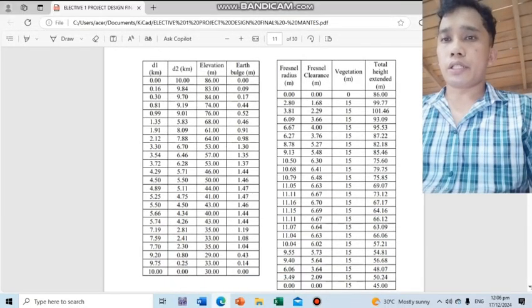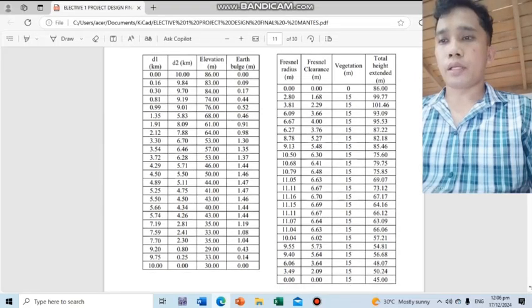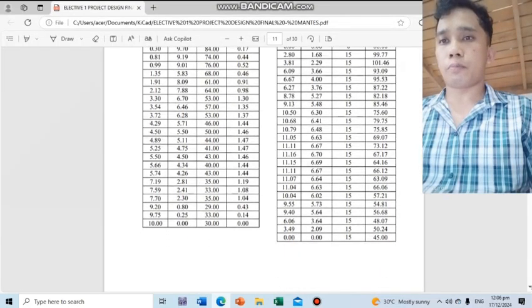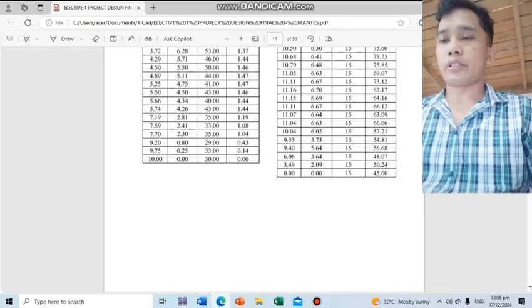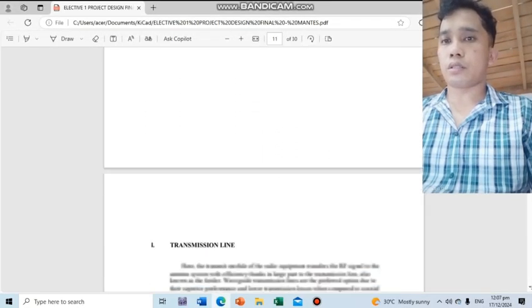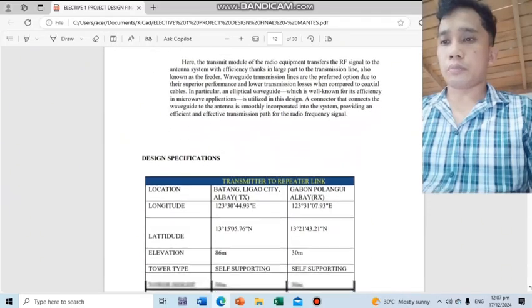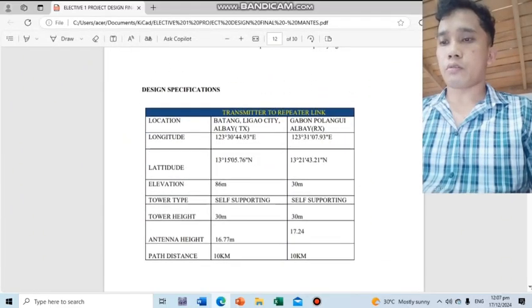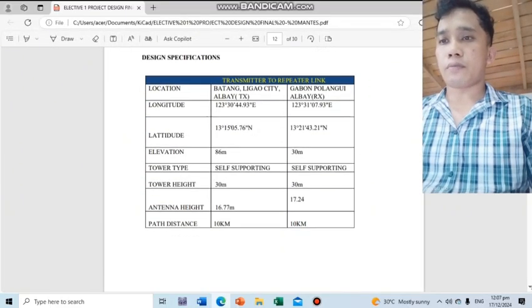This is the data needed in order to calculate all the needed computations for my project, and also the relevant data, up to 10 kilometers. And then next, the transmission line. The design specification and the longitude and latitude are given.